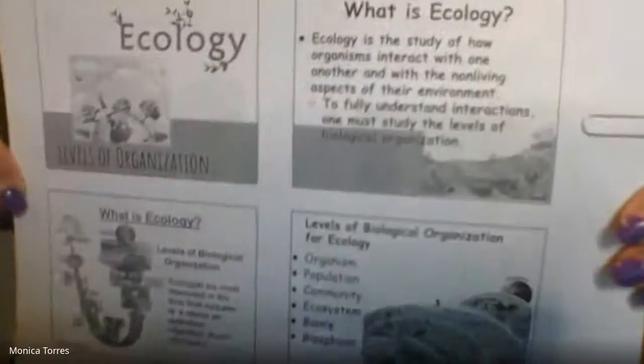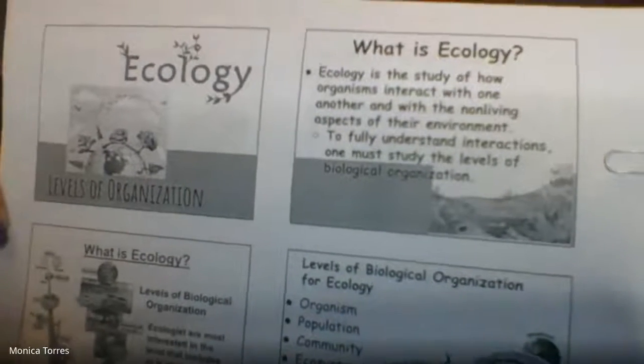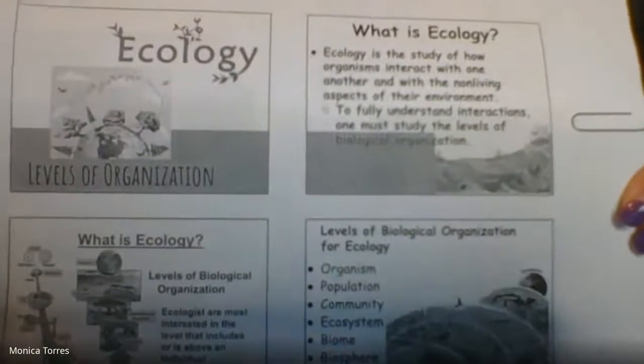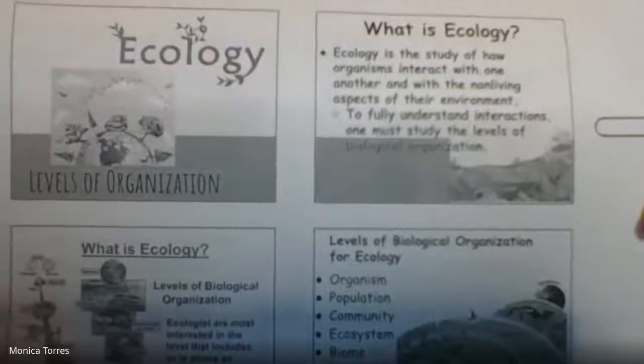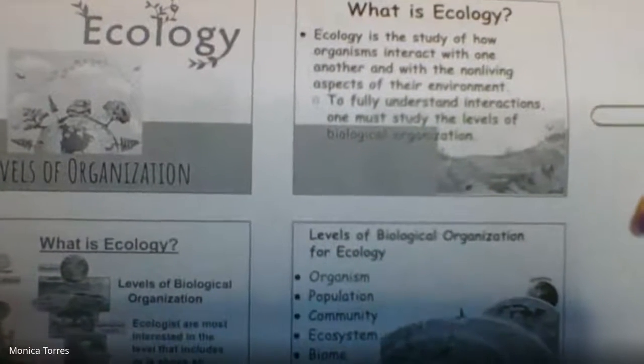Assignment number 2 begins the ecology unit, which we started in remote learning. This assignment also has a slideshow handout on the levels of organization. So you probably have not seen this if you're just now doing the remote learning assignments.